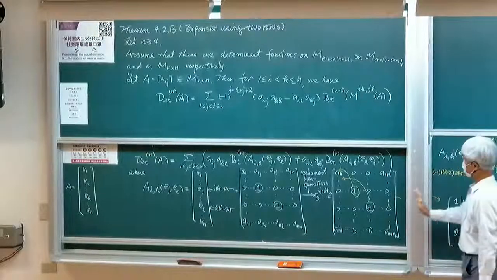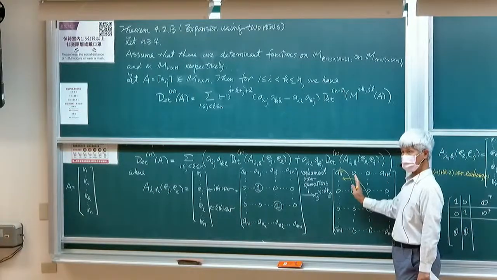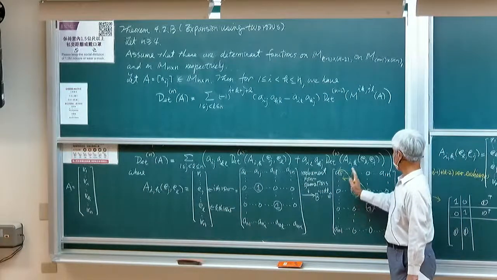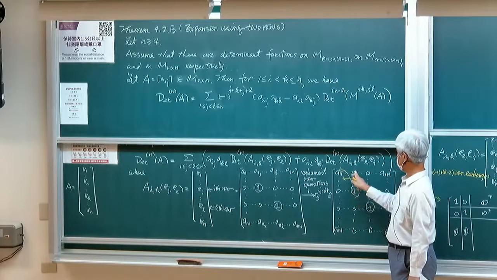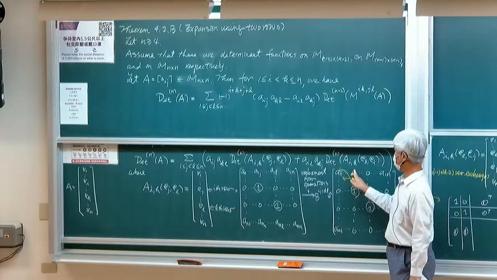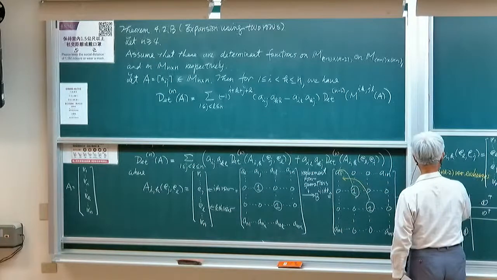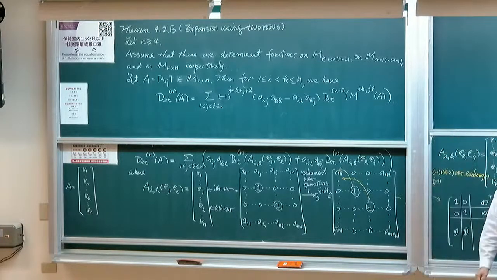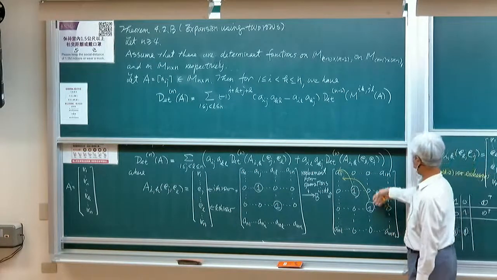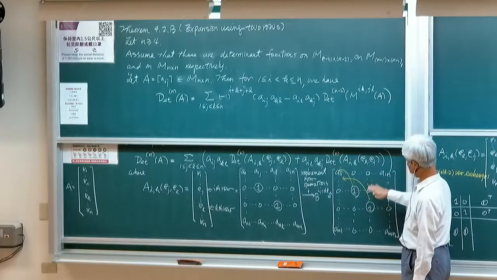And then you use the column exchanges to move this one to the position by J minus 1 column exchanges. And for here, now it's in the second row.